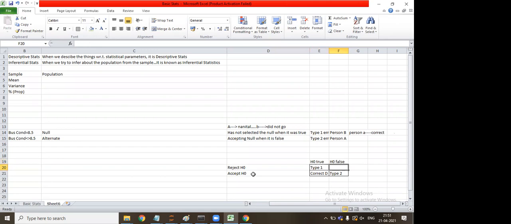Okay, sir. When we reject the null hypothesis when it is false, then what is it? Type 1 error. No, when we reject the null hypothesis when it is false, it's a correct decision. So in this scenario, person B was right.